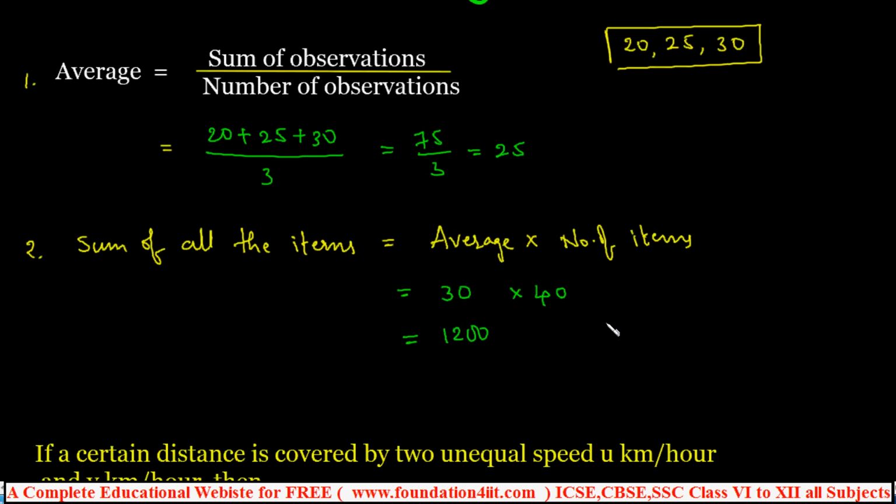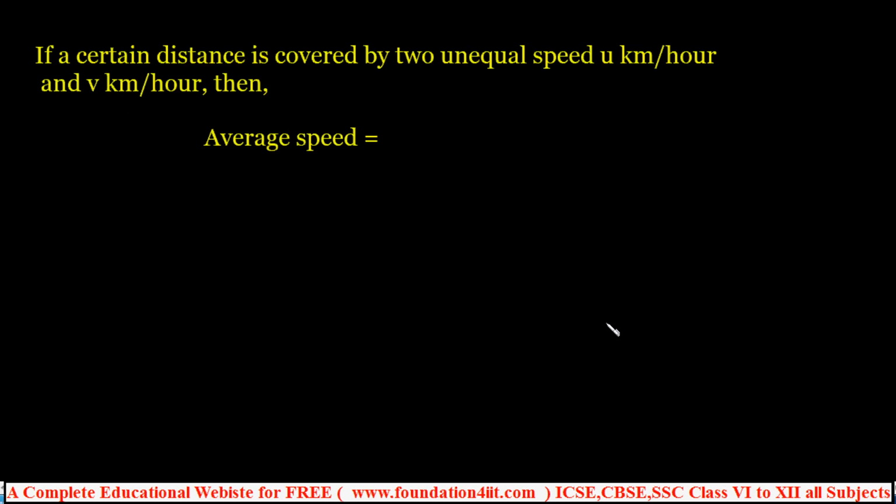Now let us see one shortcut trick here. I already wrote it here. If a certain distance is covered by two unequal speeds, u kilometers per hour and v kilometers per hour, then the average speed. The distance is fixed, so this distance is d kilometers. But from A to B, unequal speeds.